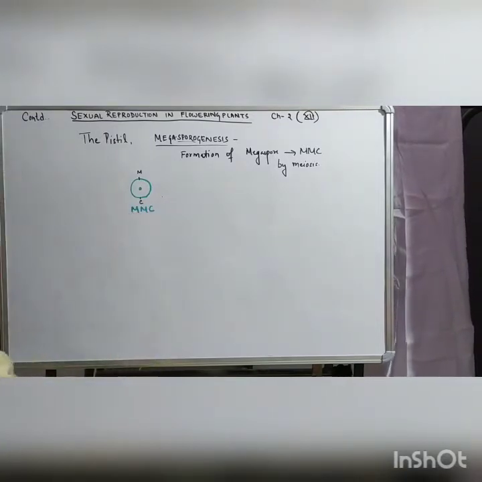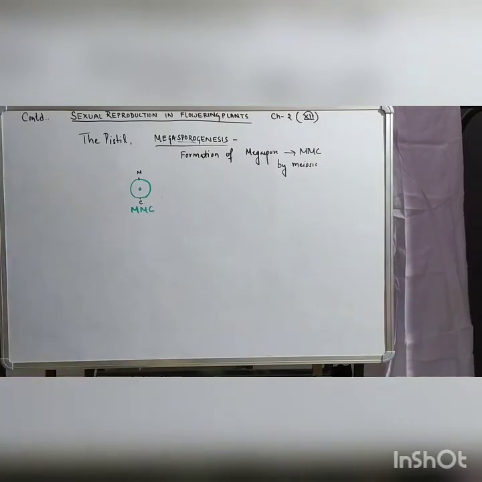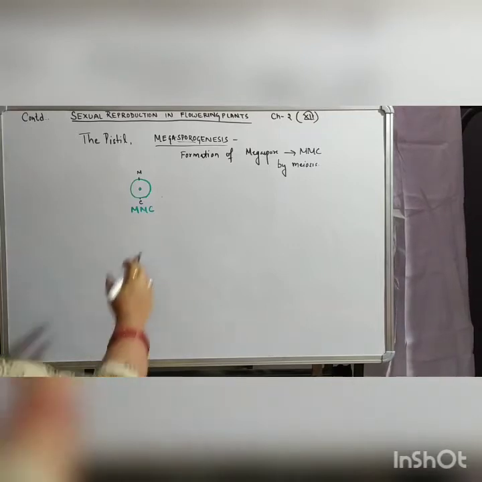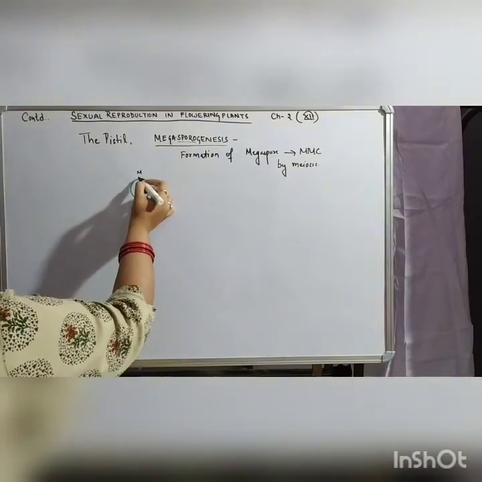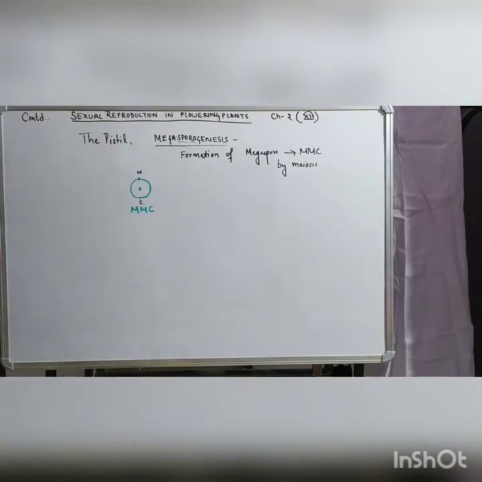Whichever structure we take, it gives two ends: the micropylar end and the chalazal end. Like we went through too many structures for microsporogenesis with the microspore mother cell, but here it's only one structure and the arrangement is linear. There is no change in it. So let's go for it.